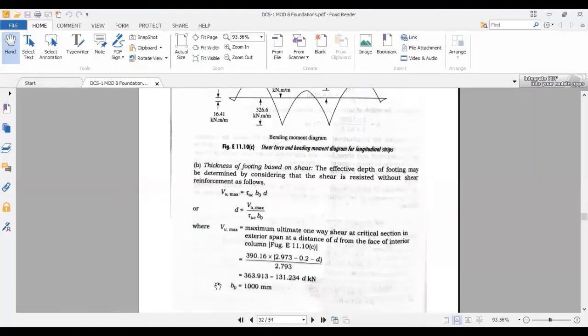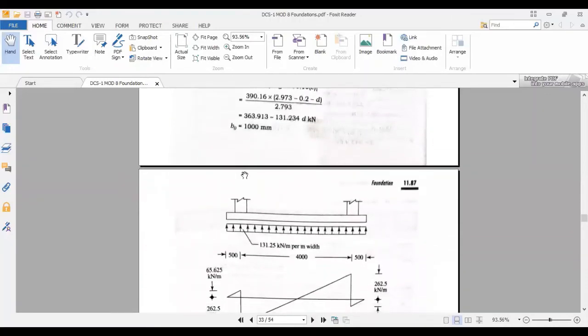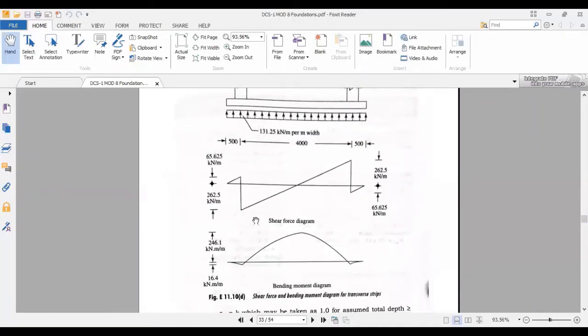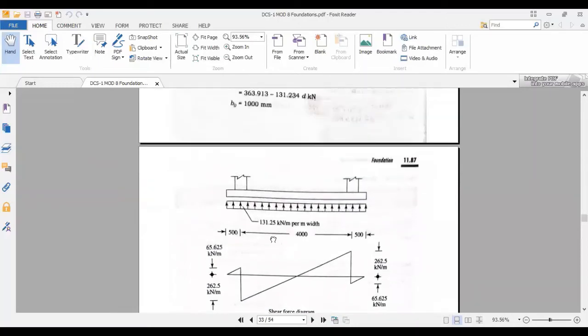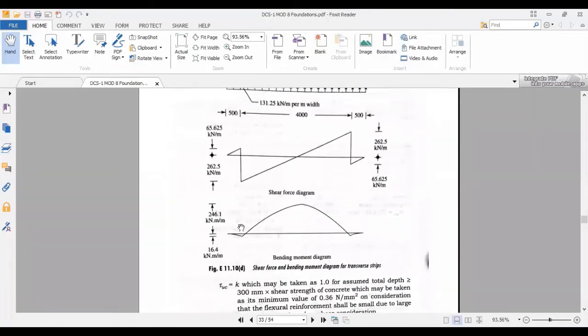Because it is for 1 meter, we are considering it for 1 meter. So this is for transverse strip, in which case there were only two columns in the middle. So this is shear force and this is bending moment diagram.